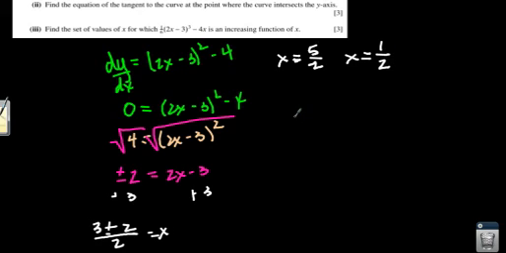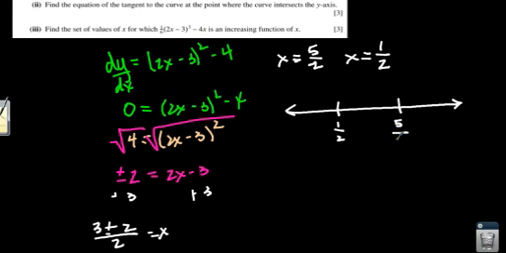At this point, you could do several things. You could use the second derivative to find out which one's a max or a min, and then you would know where it's increasing or decreasing. Or you could use an interval table, and I'm going to do that here because I want to show you how to do this in a different way.